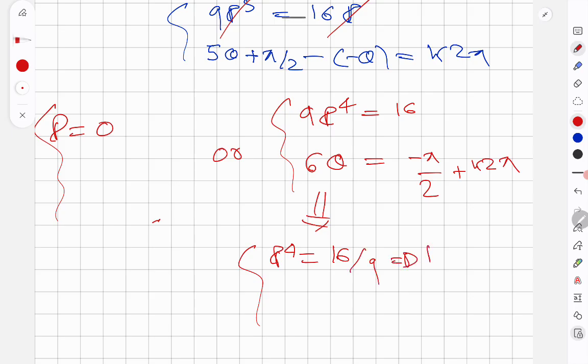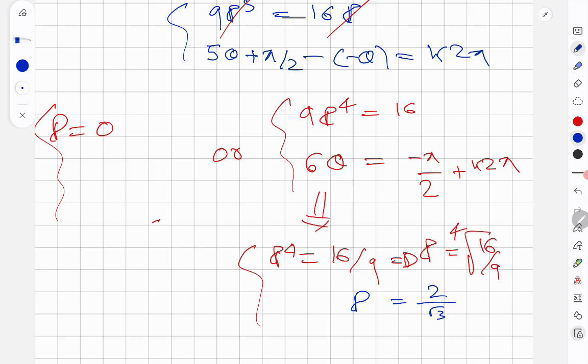So rho equals the fourth root of 16 over 9.